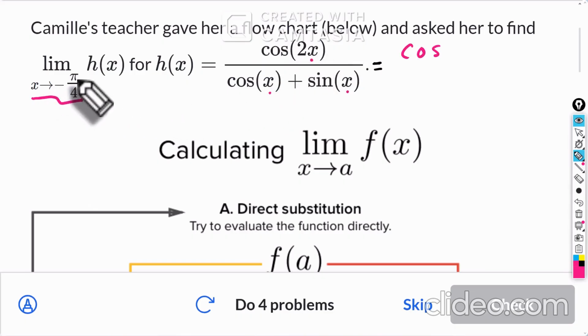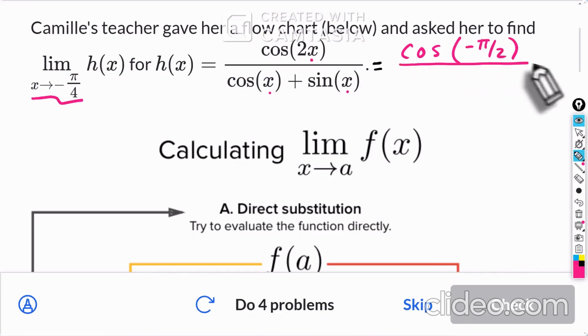So 2 times negative pi over 4 is going to be negative pi over 2. Denominator, cosine x is going to be cosine of negative pi over 4 plus sine of negative pi over 4.